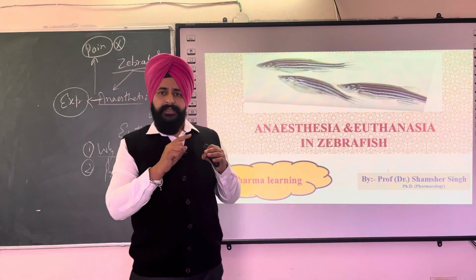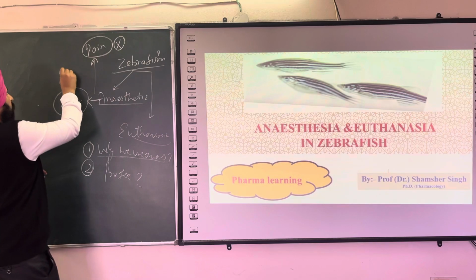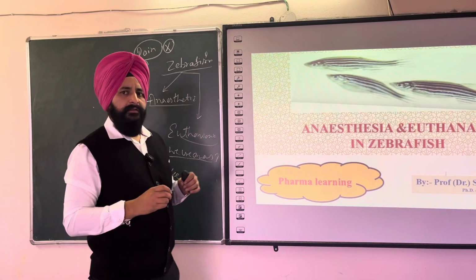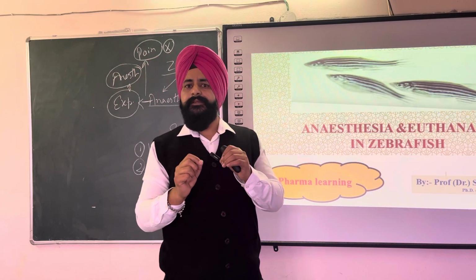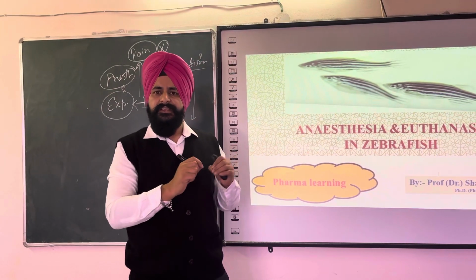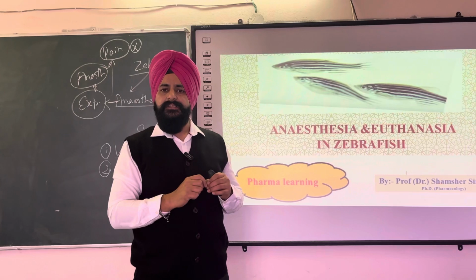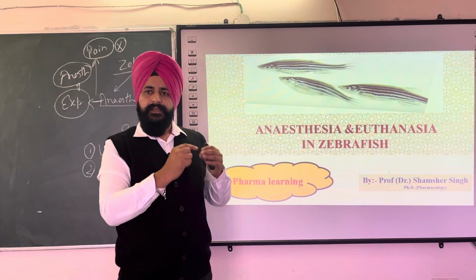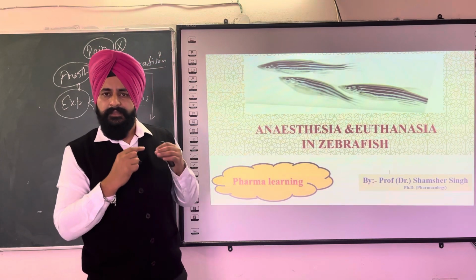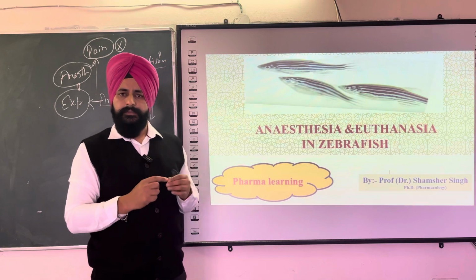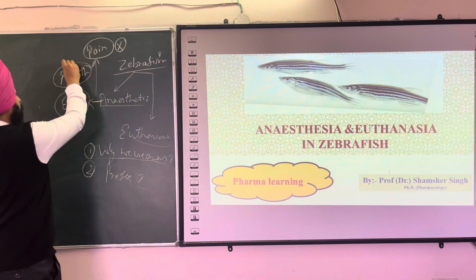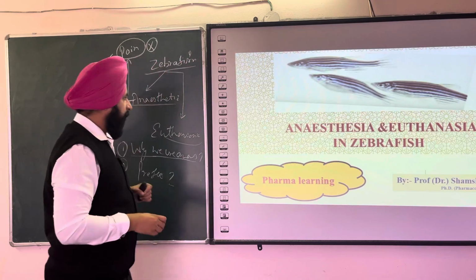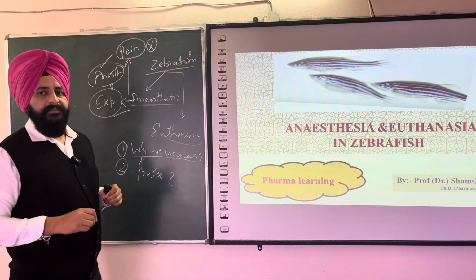The duration of anesthesia and the duration of your experiment have a link. What is the link between these two? The basic thing to note is that whenever you choose any kind of anesthetic, you should first learn which type of experiment you are going to perform in zebrafish.